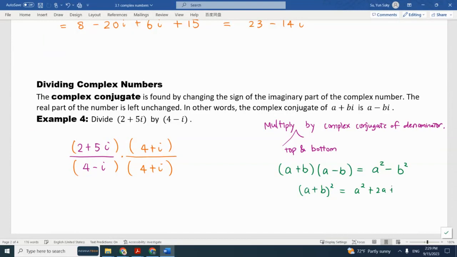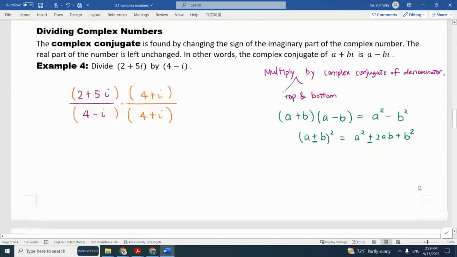Yeah, write down all the formulas. If sometimes you get confused, write them all out. And if you have minus, then you put the minus there. So we make use of that.